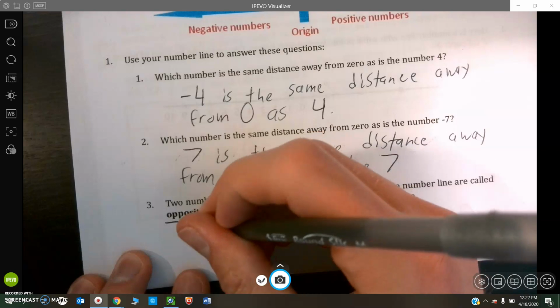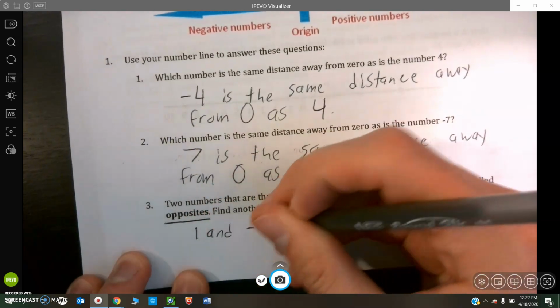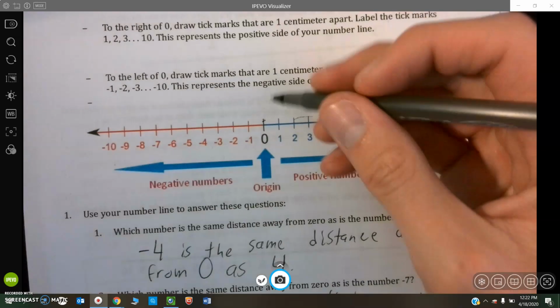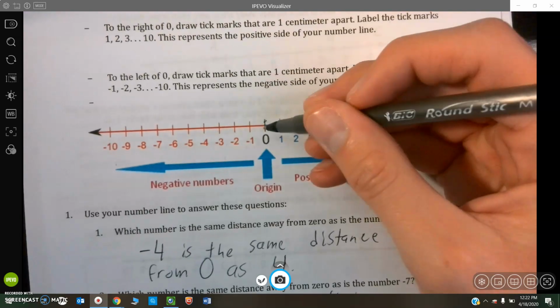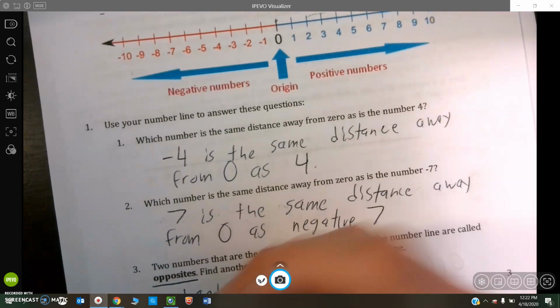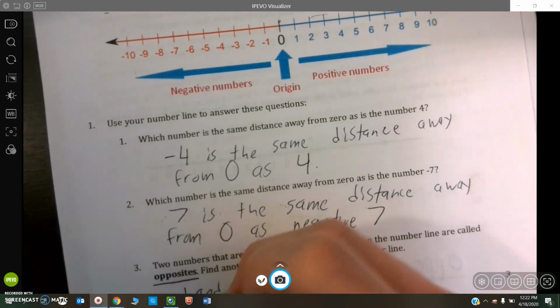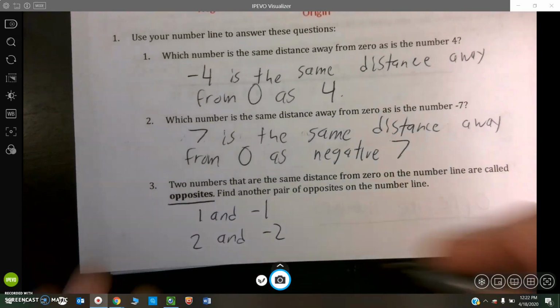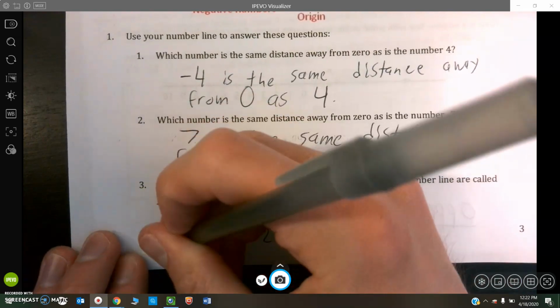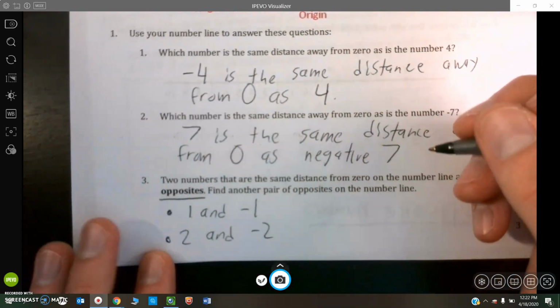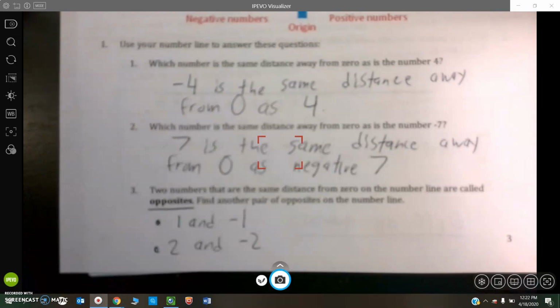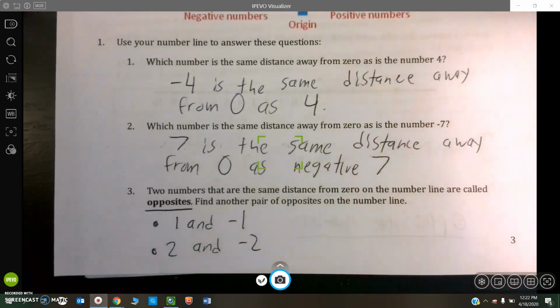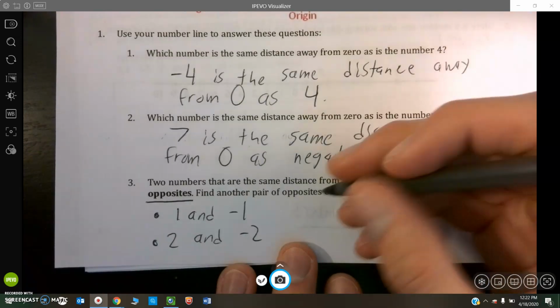Let's just write a few. 2 and -2 are the same distance away. And so on and so forth. Essentially, any positive number and its version with the negative number are equidistant, or the same distance away from 0.